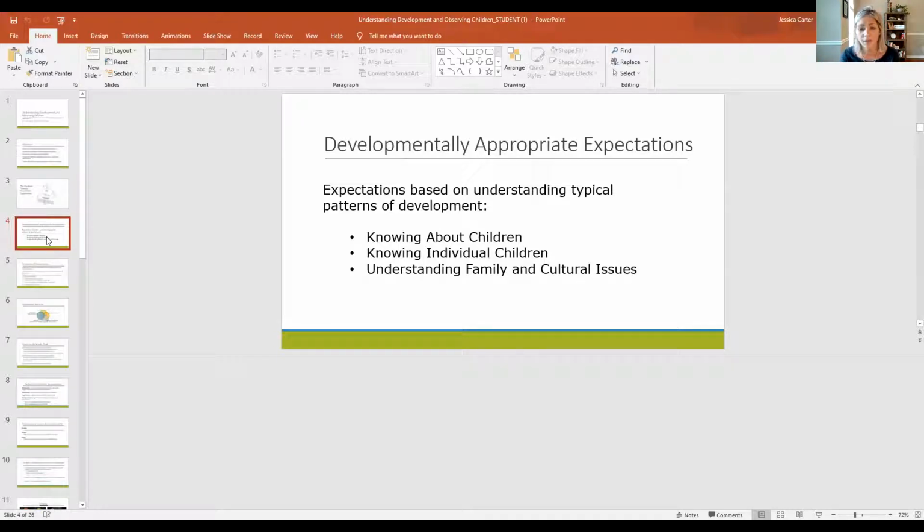When we think about knowing individual children, we understand that a child's genetic makeup, temperament, abilities, perhaps disabilities, particular interests and personal experiences, all of these understandings about a specific child are also going to help guide our approaches to child guidance. An example is that some children have a temperament we call slow to warm.